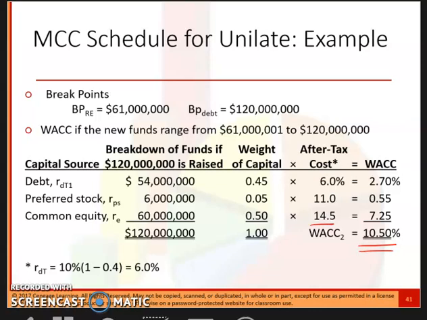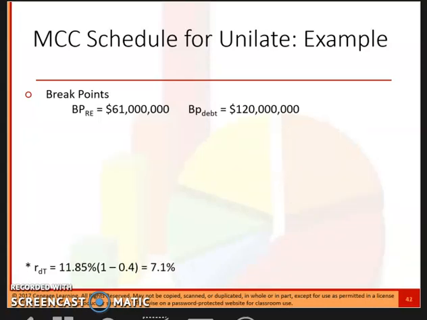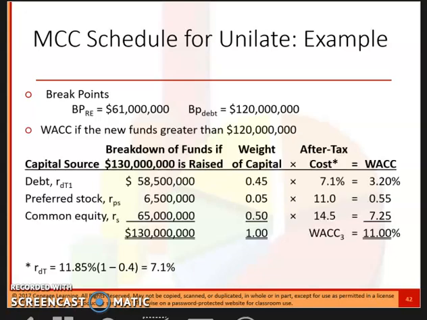So the next slide shows if we go above the 120 million platform. So in this case, say we issued more than 120 million in new funds, so our cost of debt goes up to 11.85%. Multiply that by 1 minus the marginal tax rate, that's 7.1.